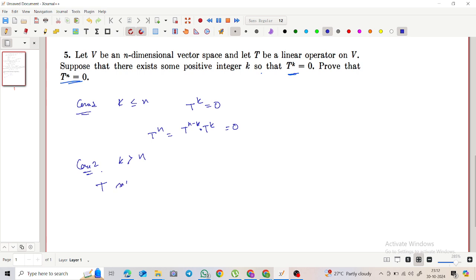So t satisfies x to the power k, right? This implies px divides x to the power k, where px is the minimal polynomial of t, right?